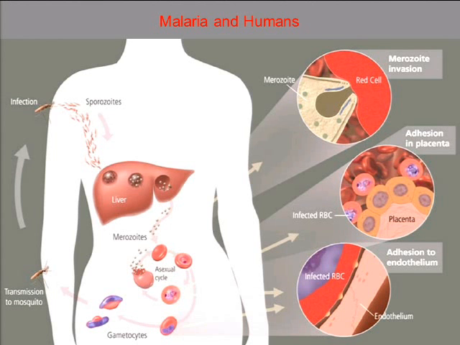So the blood flow to the placenta is going to be decreased. So this is actually one of the leading causes of stillbirth. And so a pregnant woman that gets malaria is at risk for having a stillbirth delivery due to this adhesion that the organism will cause.